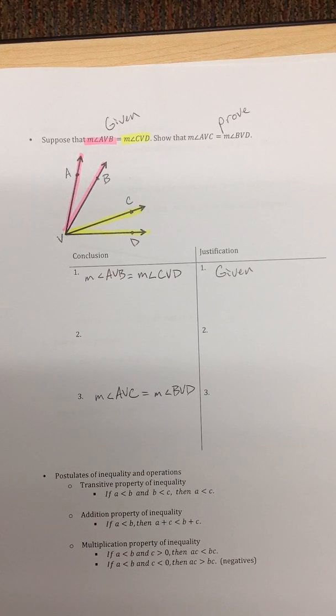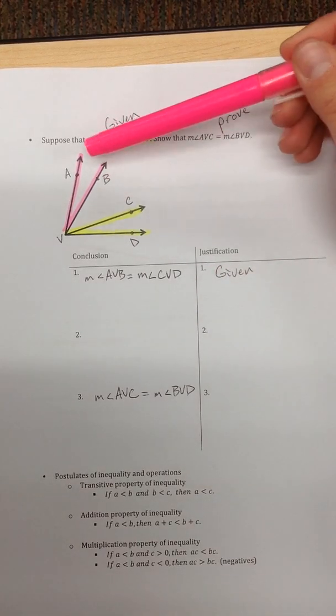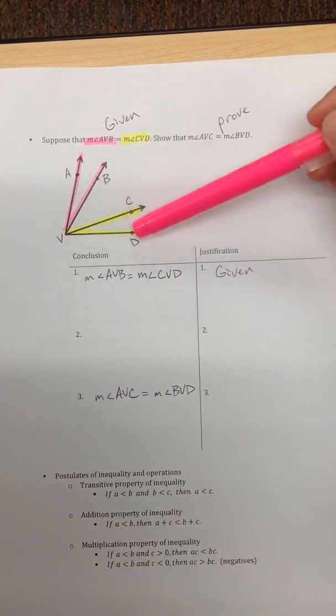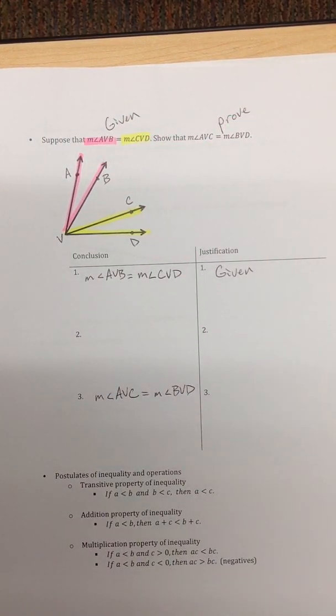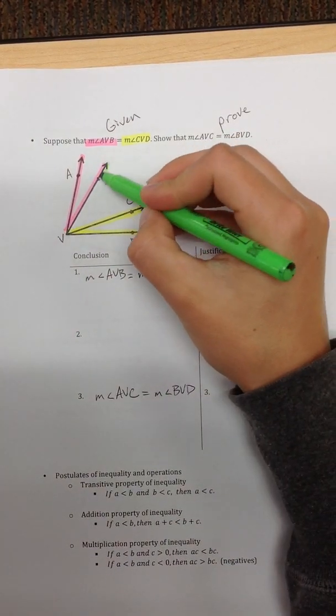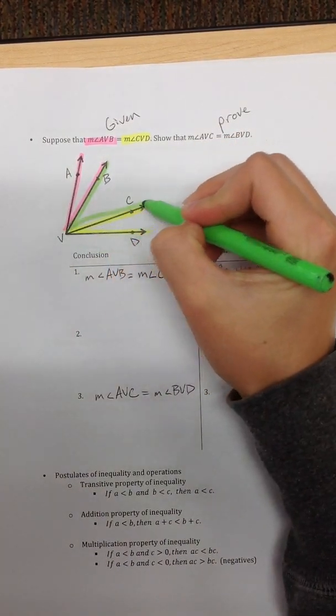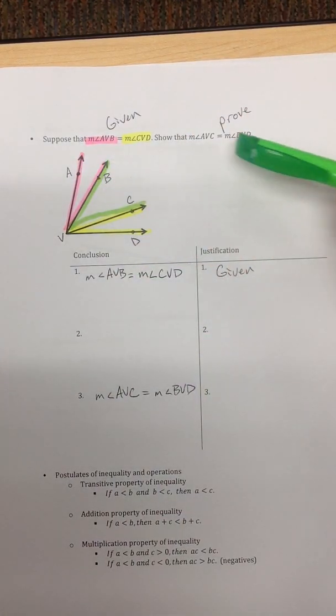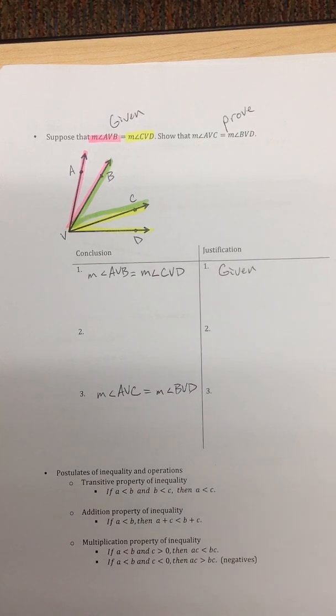So what I'm thinking here is, if we've got this angle and this angle, and they tell us that the pink angle and the yellow angle are equal to each other, the only difference between those two angles and these ones over here is this middle space. So I'm going to color this middle space green. And I'm thinking if we add that middle space to both of those angles, we're going to get these angles. So let's do that here.